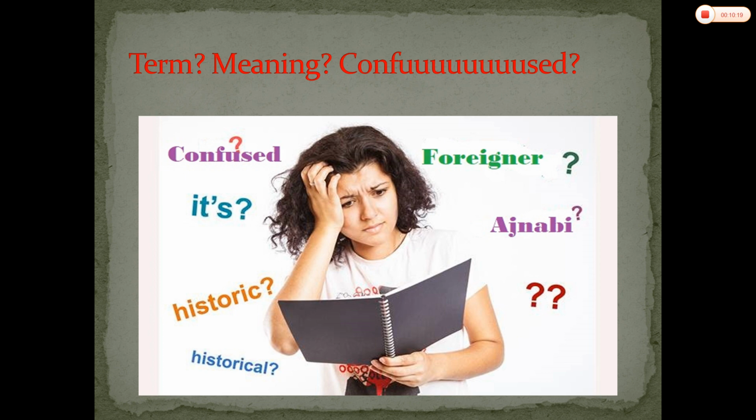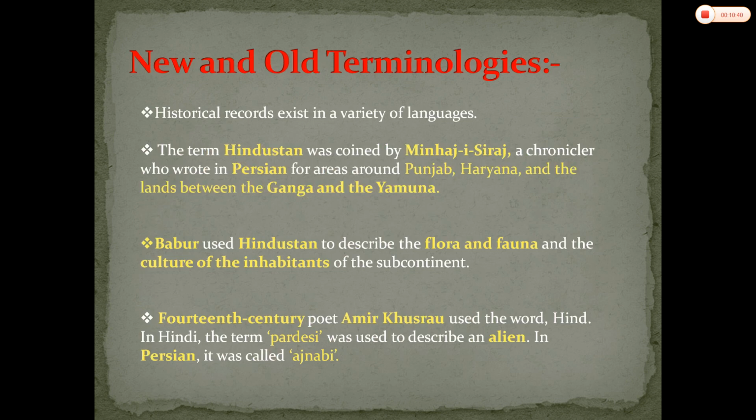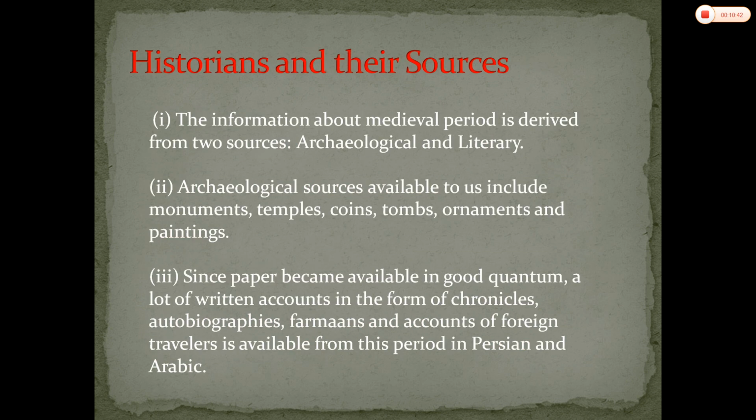The meaning of foreigner was the unknown person, not the person who has come from another country. But see now how the change has occurred. Today we use the term foreigner for a person belonging to another country. So this much change has also occurred in words and terms in this way.